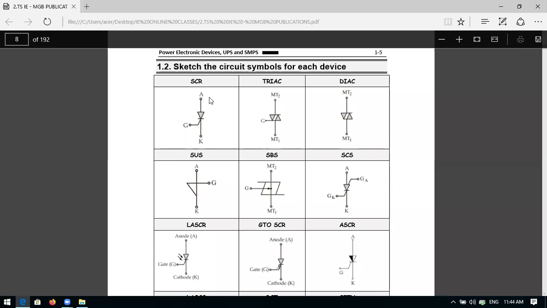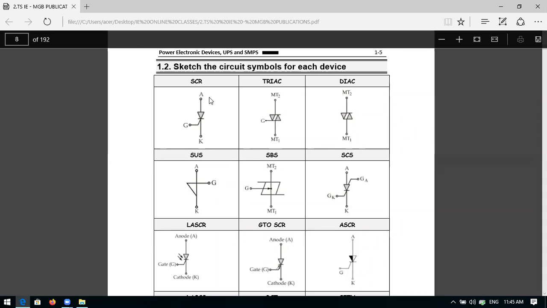In the triac, you can see it is constructed with diodes connected back to back. How many terminals? It is a 3-terminal device. Triac means triode AC.